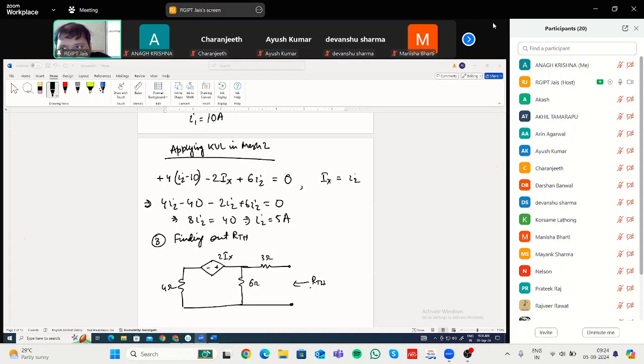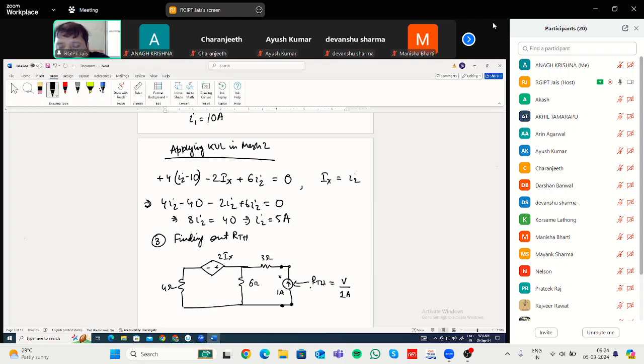But the method we have already done, you have to connect a current source of value 1 ampere, and then find out the voltage across it, that is V. Then RTH will be nothing but V divided by 1, that is V equal to IR, and the current you have put is 1 ampere. So that will be your RTH.